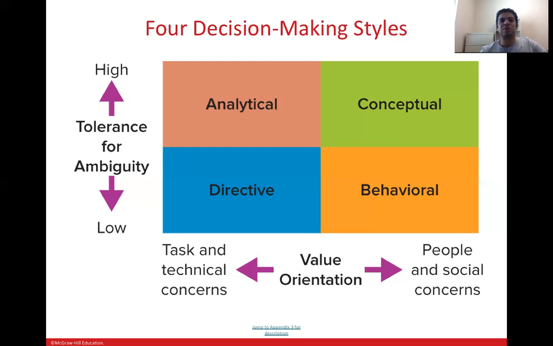They try to maintain harmony across everyone, even if it's not good for the long run. So they will not confront someone who is doing a bad job or who is underperforming. Okay. So that wraps up the different types of decision-making styles that exist out there.